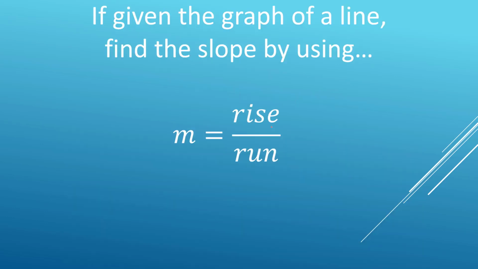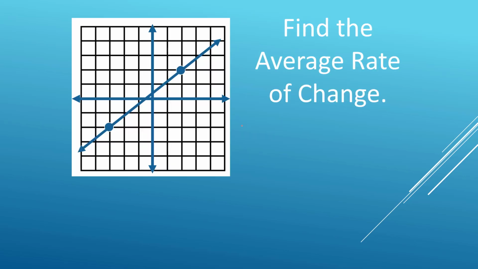If given the graph of a line, you can find the slope by recognizing that m, which again represents our slope, is equal to rise over run. As we look at an example on a coordinate plane, we have a starting point, and you're always looking for starting points that intersect perfectly with grid marks. If they intersect perfectly with grid marks, that means both your x and your y values are whole number integers.